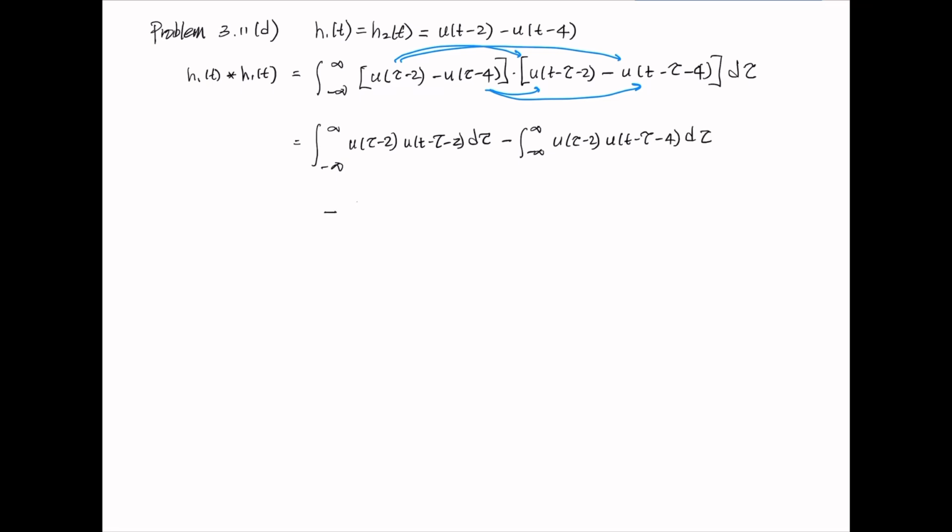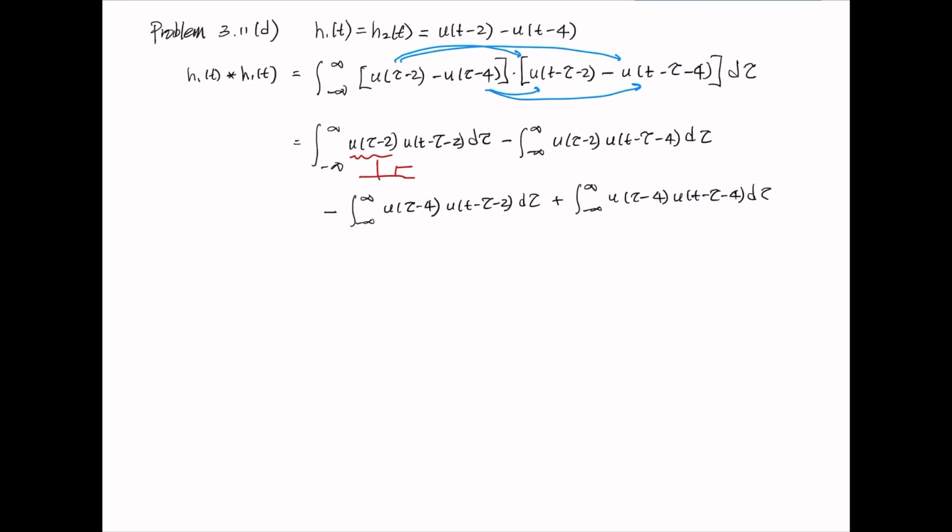And then minus the integral u of tau minus 4 times u of t minus tau minus 2 d tau, plus the integral u of tau minus 4 times u of t minus tau minus 4.